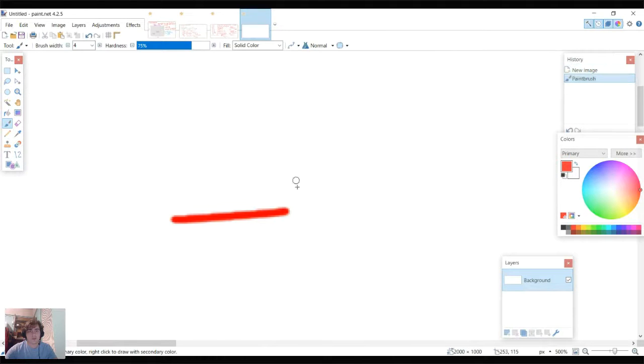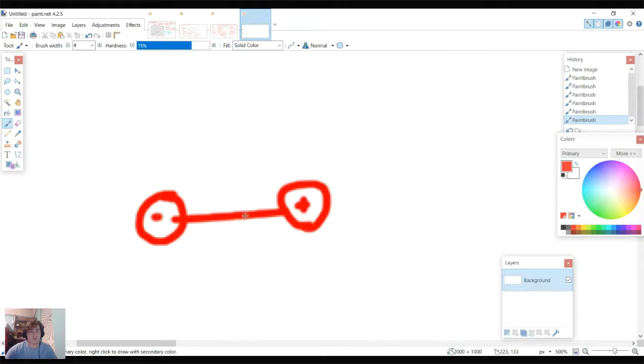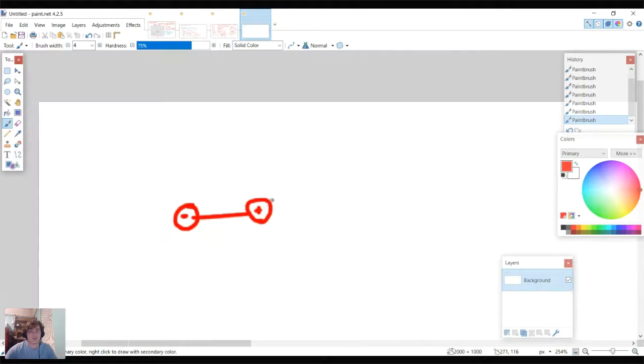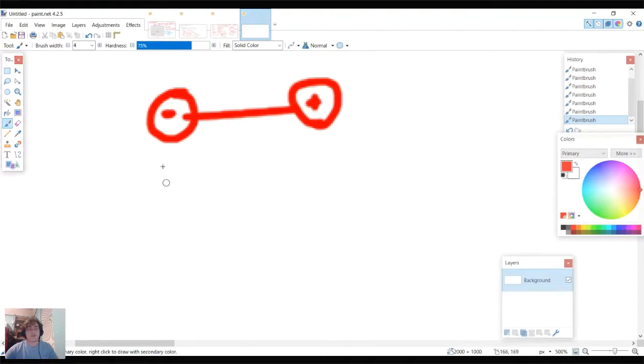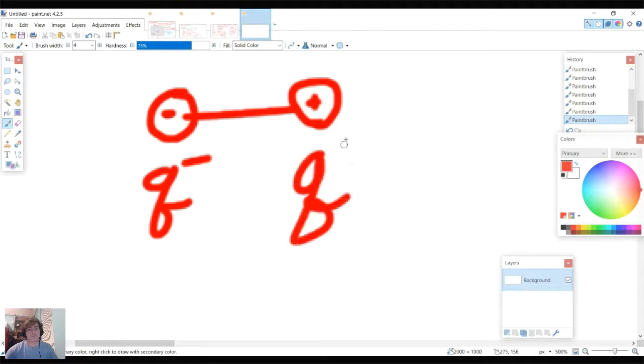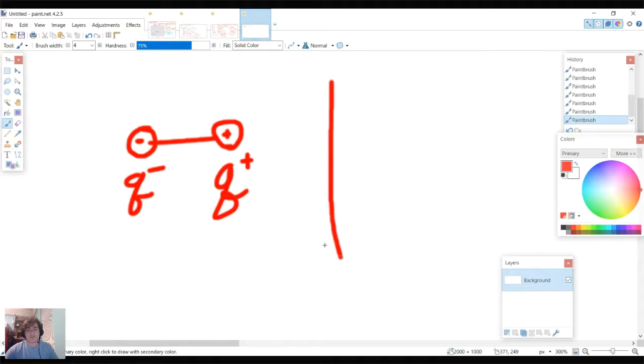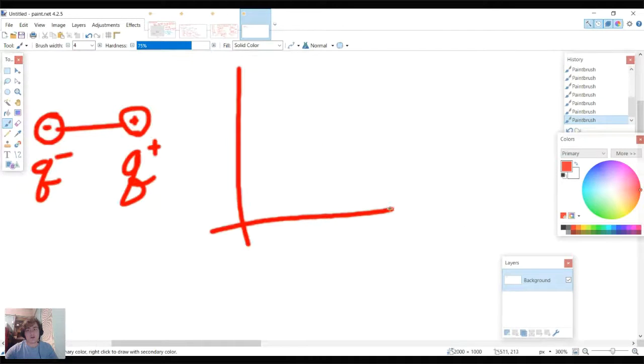An electric dipole would be, this line isn't a physical line, but something with a positive charge on one end and something with a negative charge on the other end. If you know chemistry, this is called a dipole moment, like a hydrochloric acid molecule would look like this. So a negative charge and a positive charge. The electric field actually decays like a cubic.